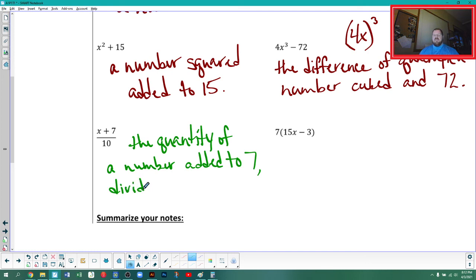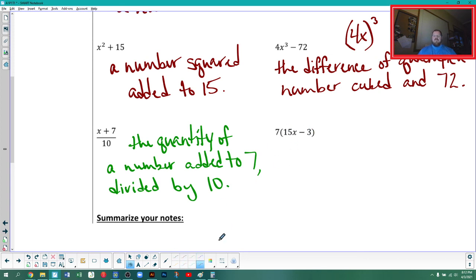I'm going to say divided by 10. Okay, that's a pretty good way to say that, and that's a pretty standard way to say that if you're just answering in class, right? We have to have ways to say these, but we also have to pretend that the other person can't see it.